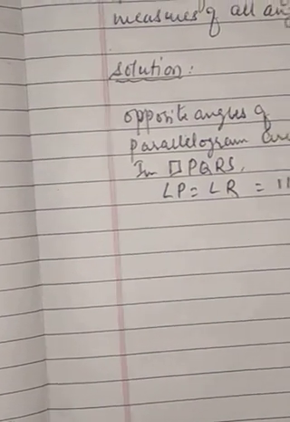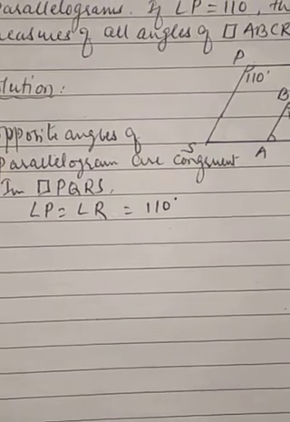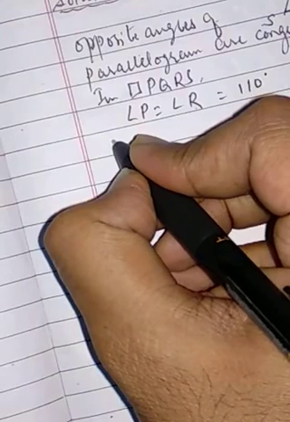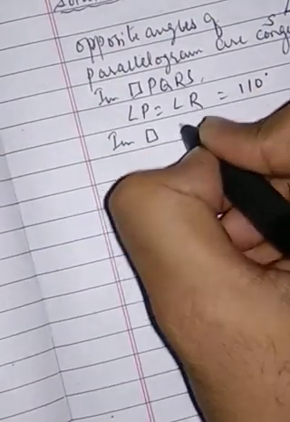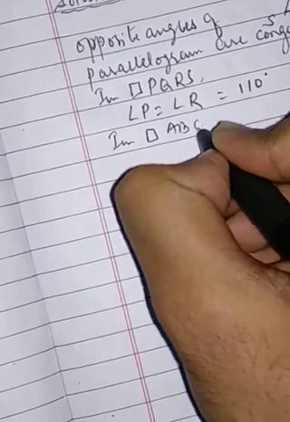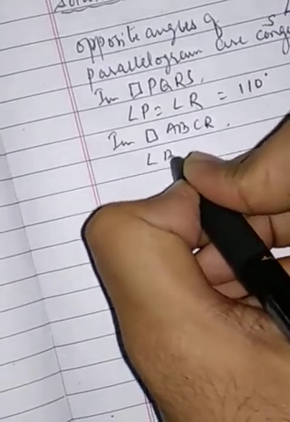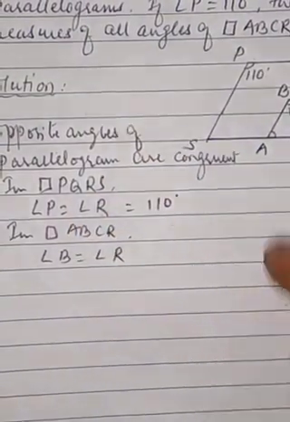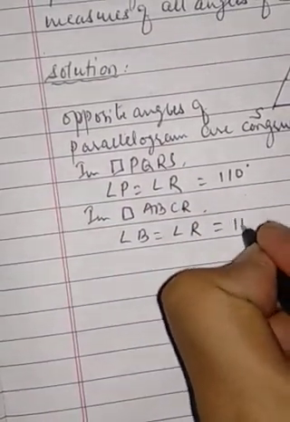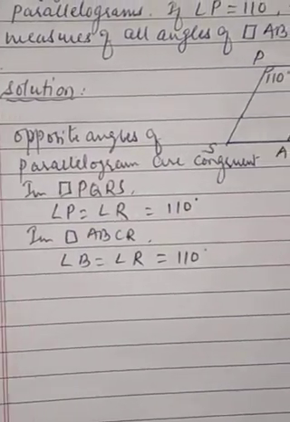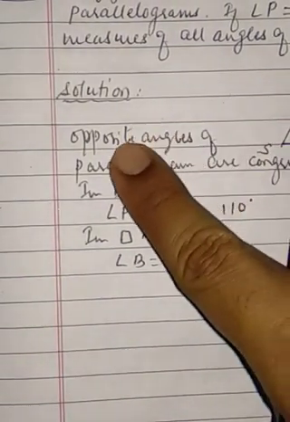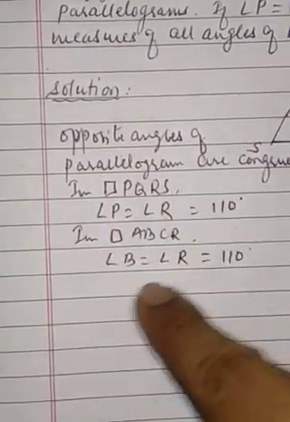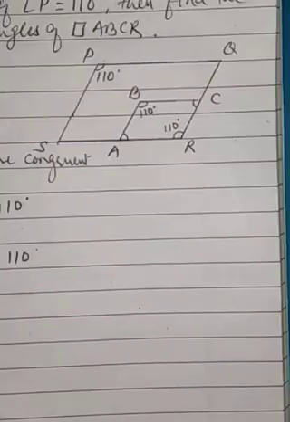Okay, so you get here angle R 110. So you can write here in quadrilateral ABCR, angle B is equal to angle R. Now angle R is 110, that means angle B is also going to be 110 degrees. Okay, so using this property that opposite angles of parallelogram are congruent, you can write P and R are equal, B and R both are equal.